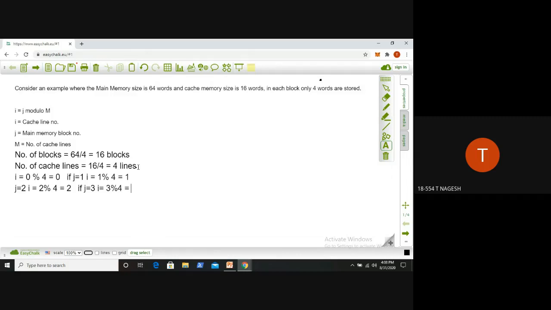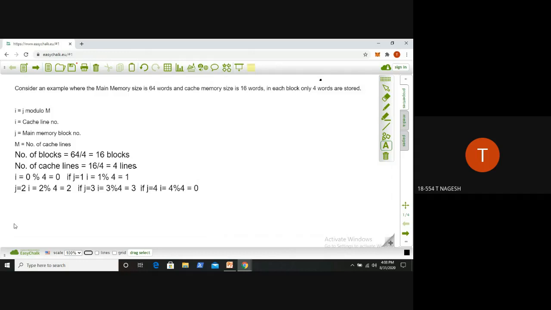Again, that will give me 3. If j equals 4, then it becomes 4 modulo 4, which will give me the value 0 again.